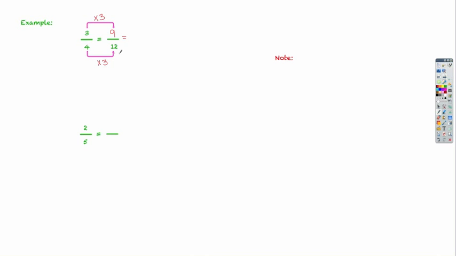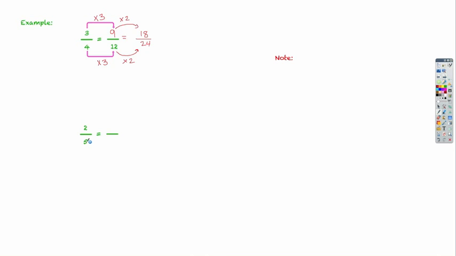You can multiply the 9/12 or the 3 quarters by any number, and so long as you do it to the top and the bottom, you'll always get an equivalent fraction. So I'm going to multiply it by 2. So 12 times 2 is 24, 9 times 2 is 18. So all 3 of these fractions are equivalent.